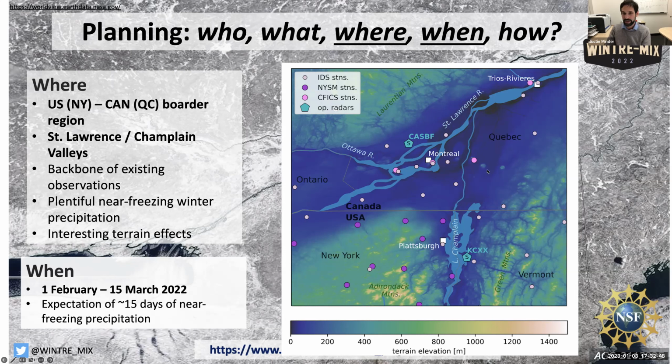These valleys that you see here have interesting influences on the precipitation type that we wanted to study, so that favored this region as well. When we focused on February to mid-March of this past year, this is from our climatology, we had an expectation of about 15 days would occur in that period of near freezing precipitation, so it was a favorable time period for us from that respect as well.